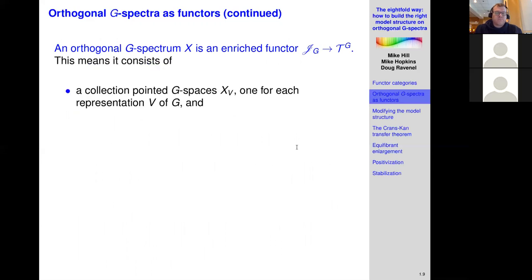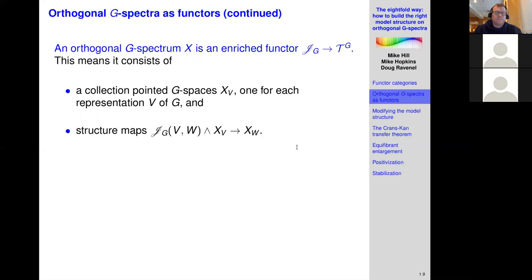Now, an orthogonal G-spectrum is an enriched functor from the category J_G that I just defined to the category of pointed G-spaces, T^G. So this means it consists of a collection of pointed G-spaces, X_V, one for each representation of G, and structure maps.